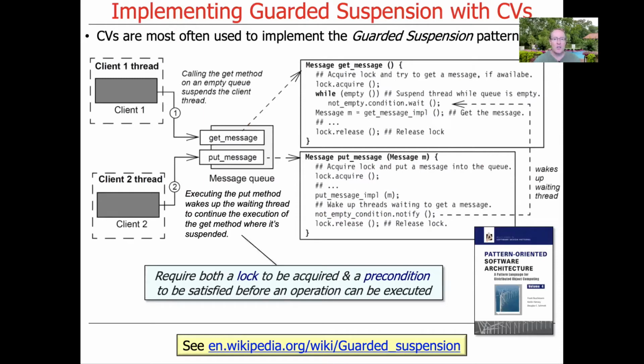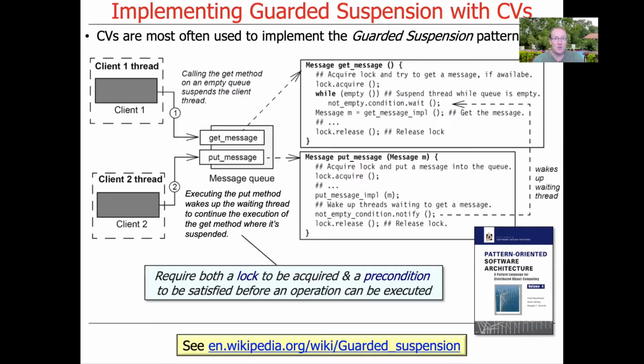When you use condition variables in practice, they're almost always used in conjunction with a pattern called the guarded suspension pattern. You can read about this pattern at the link below. It's also described in my Pattern-Oriented Software Architecture Volume 4 book, which is the pattern language for distributed object computing.